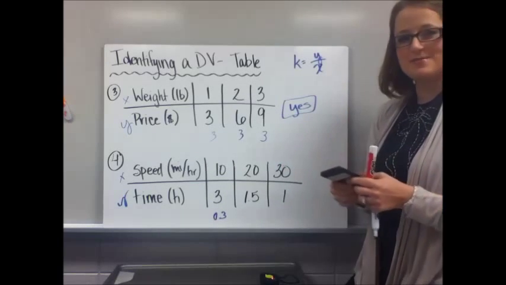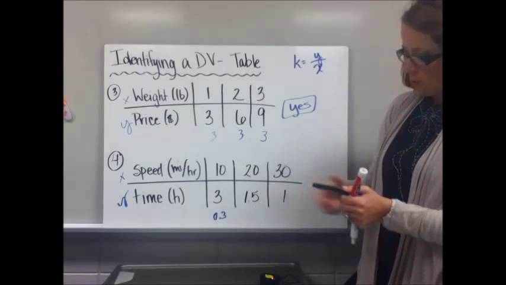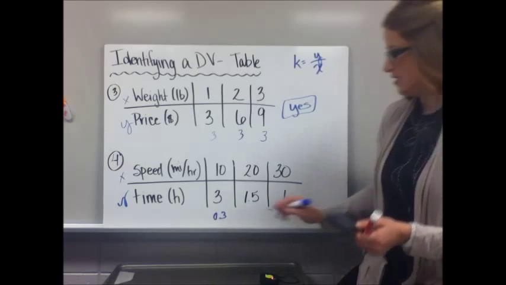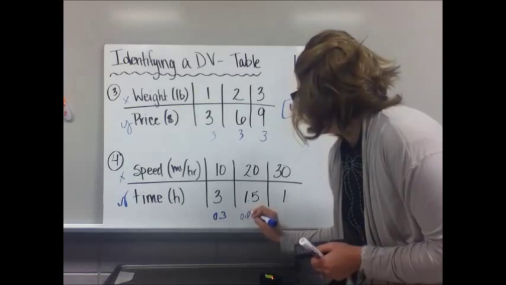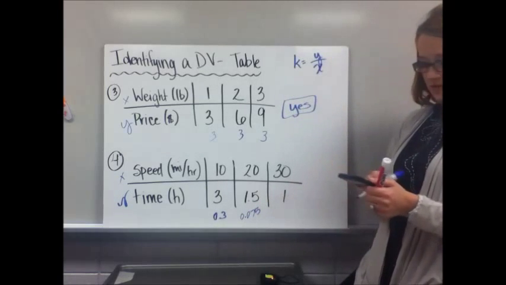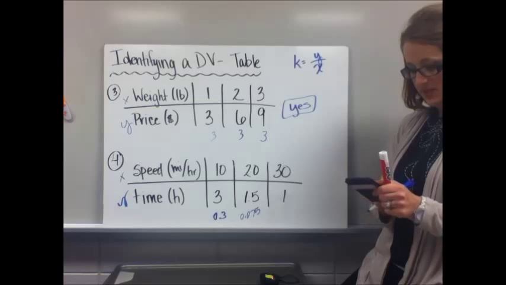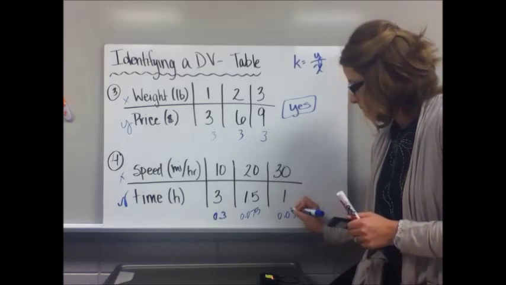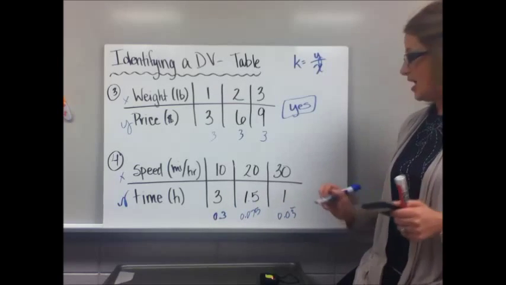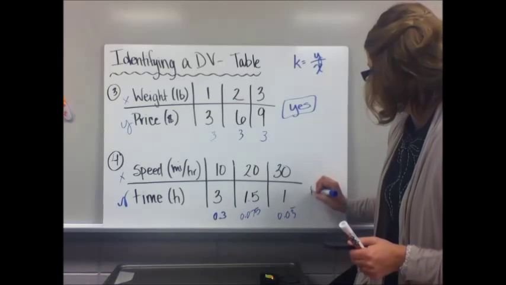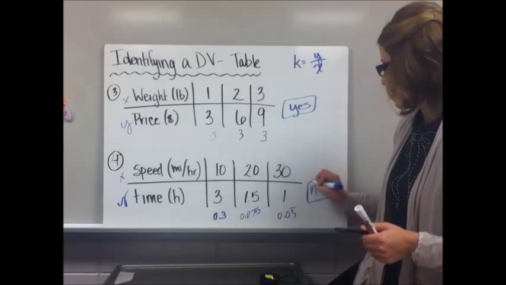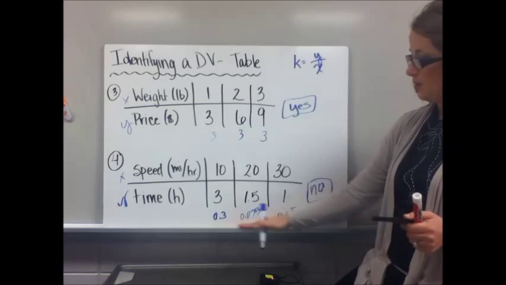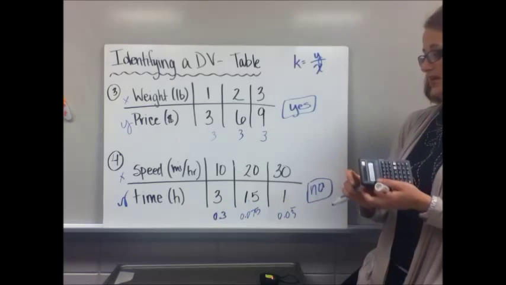Okay, if anything, that gave you some time to write down those tables. 1.5 divided by 20 is 0.075. And then 1 divided by 30, it's going to be something very small, 0.03 repeating. Those are not all the same. So no, this one is not direct variation. So for it to be a yes, when you divide them, it's going to be the same. For it to be a no, they're going to be different.